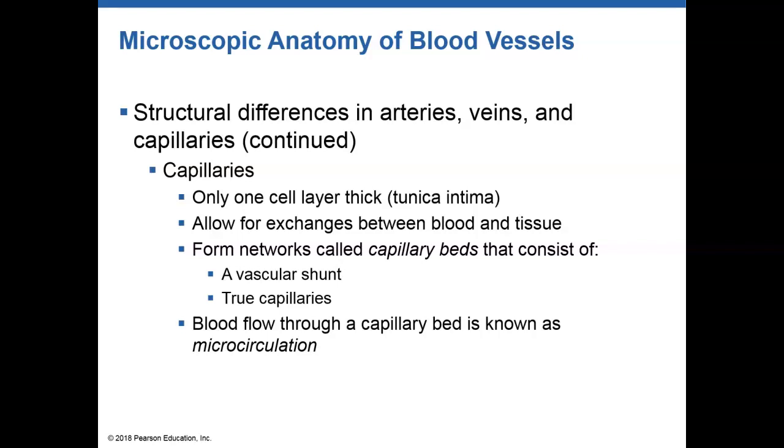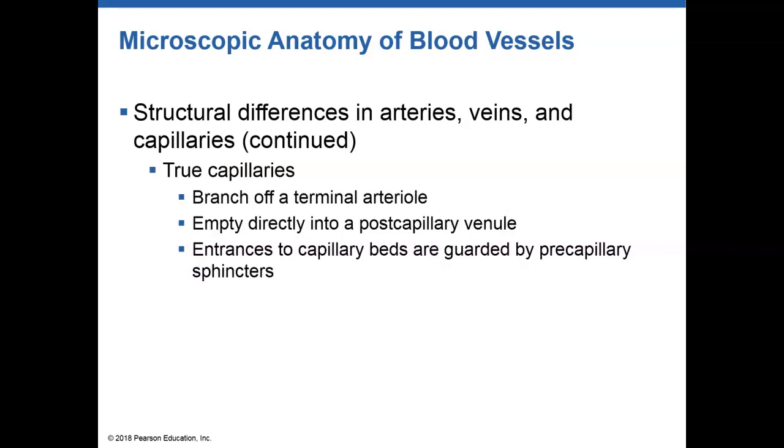So you're only going to be feeding different tissues a few times throughout the day. You're not feeding them every single time the blood flows through our body. We don't have enough blood in our body to fill all of our capillary beds. So we fill certain capillary beds, and then the next time that capillary bed will basically be shut off, and blood will flow to another capillary bed.